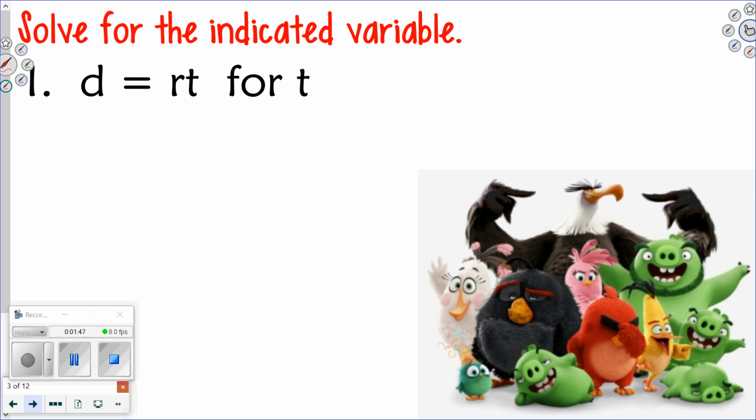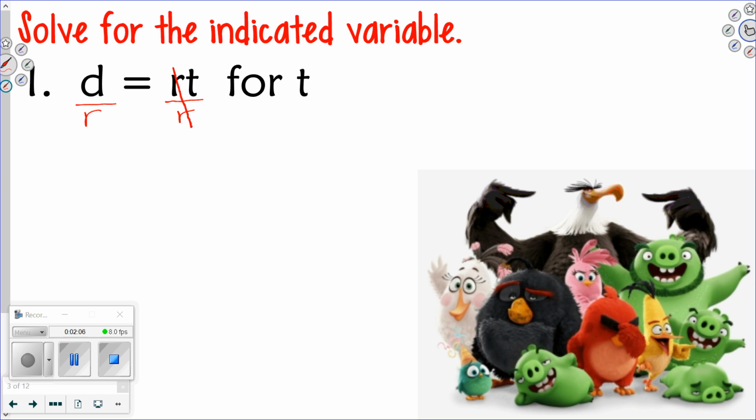So if I want you to solve for T, meaning you want it to be T equals everything else, how do you get T by itself? Divide by R, yeah. Because that's R times T, so the opposite of multiplying is dividing.